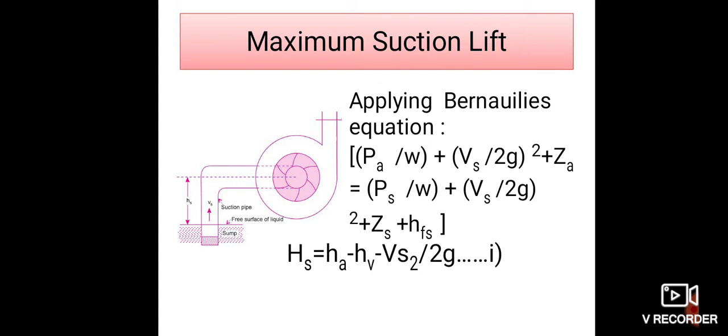If you apply Bernoulli's equation at section 1 and 2, that is, at the sump level and the impeller eye of the impeller, the height becomes Hs, and the velocity of the suction is Vs. So apply Bernoulli's equation at the sump level first: Pa by w plus Va square by twice g plus Za is equal to, at the suction side, Ps by w plus Vs square by twice g plus Zs plus Hfs.